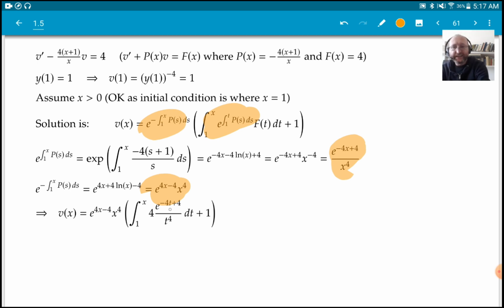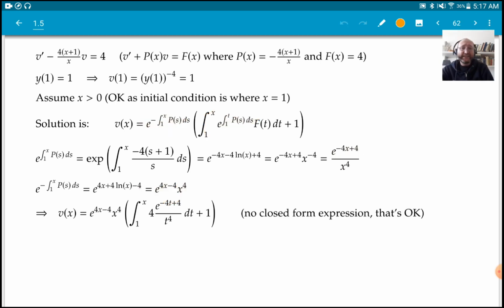Of course, inside it's in terms of t, because I'm doing the integral with respect to t. And there's no really closed form way to solve this. Well, it depends on what you mean by closed form, but no useful one that's really simpler than this.